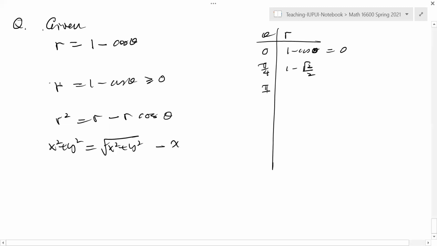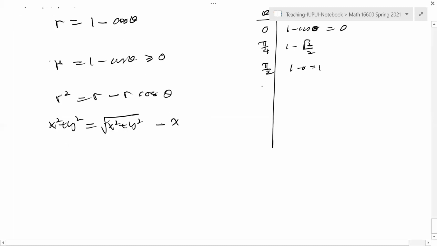When theta equals pi over 2, this is 1 minus 0, so it's 1. When theta equals 3 pi over 4, it's 1 plus square root 2 over 2. When theta equals pi, this is 1 minus negative 1, so it's 2. This is actually the largest possible value you can get.